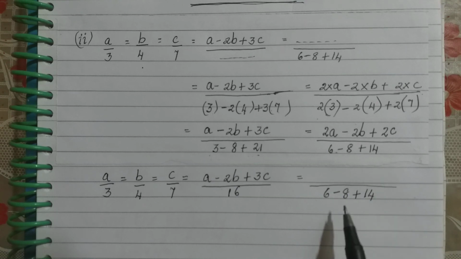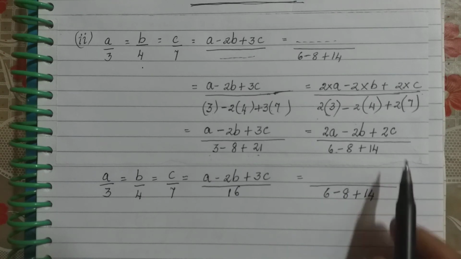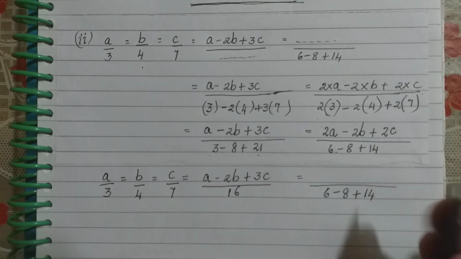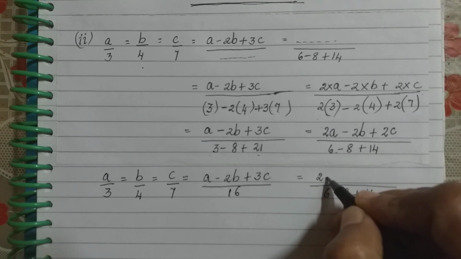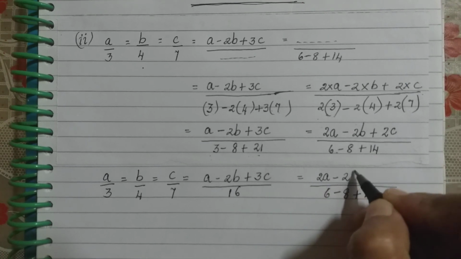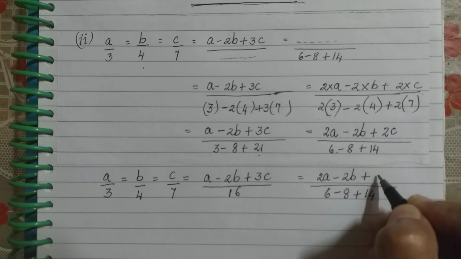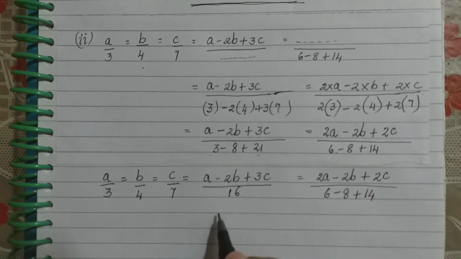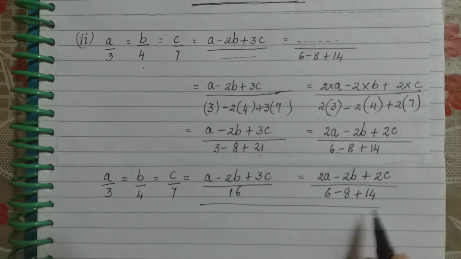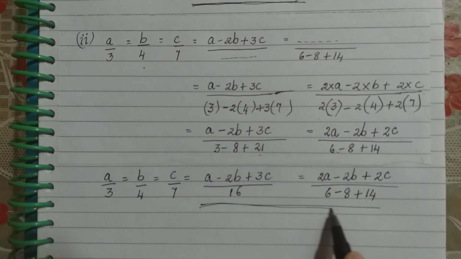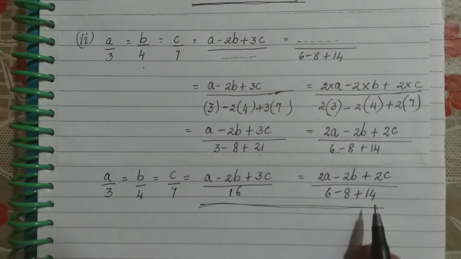We have 6 minus 8 plus 14. We have to write it as it is. So what is left? Only the numerator which we write as 2A minus 2B plus 2C. So now we have completed here in the second question the required blanks.